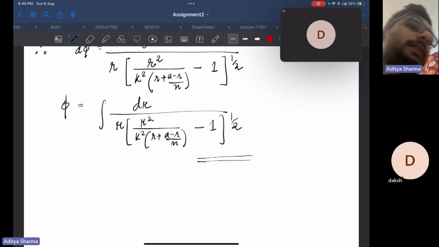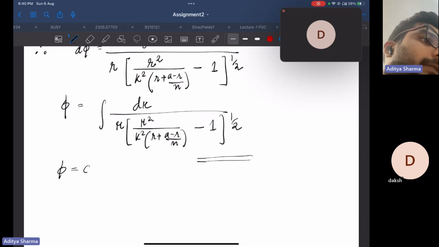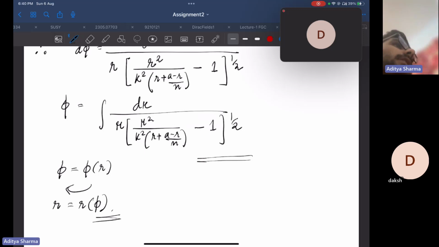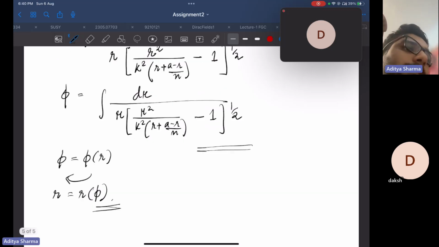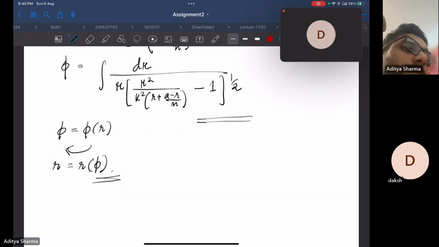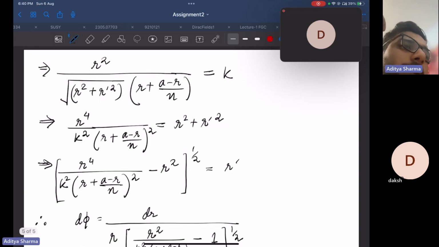And this will be your answer. We'll find phi as a function of r, and then we'll invert this, and we will get r as a function of phi, and then we'll find this thing and the equation.